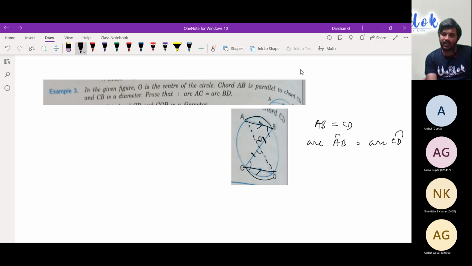So anyway, this part of the arc is gone. What is the other part of the arc left? This is the part left and this is the part left. So it should be obviously equal, because not only one side of the arc, the other side of the arc is also equal, by which I can tell arc AC is equal to arc BD. That's it. It's a very simple question.